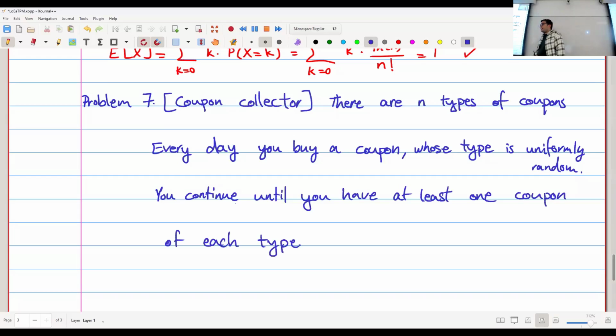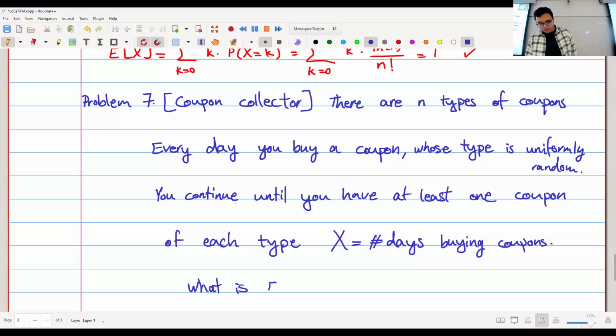The question I have is, what is the expected number of days that this process will take? Let's say that x is the random variable of the number of days that you buy coupons. What is the expected value of x?